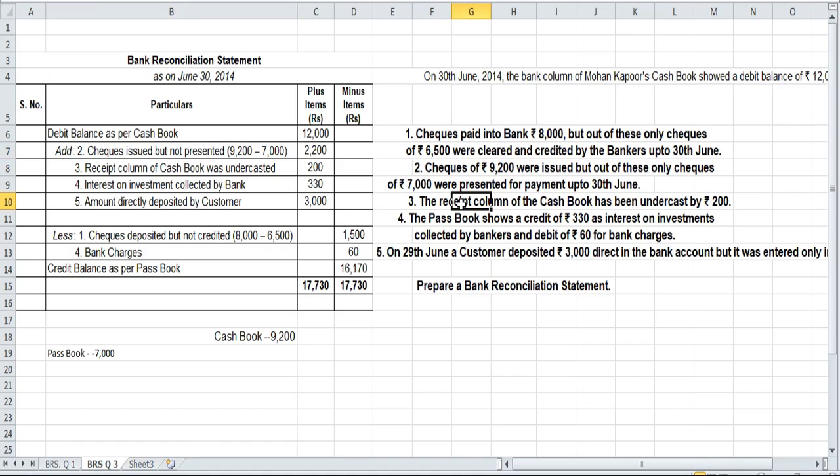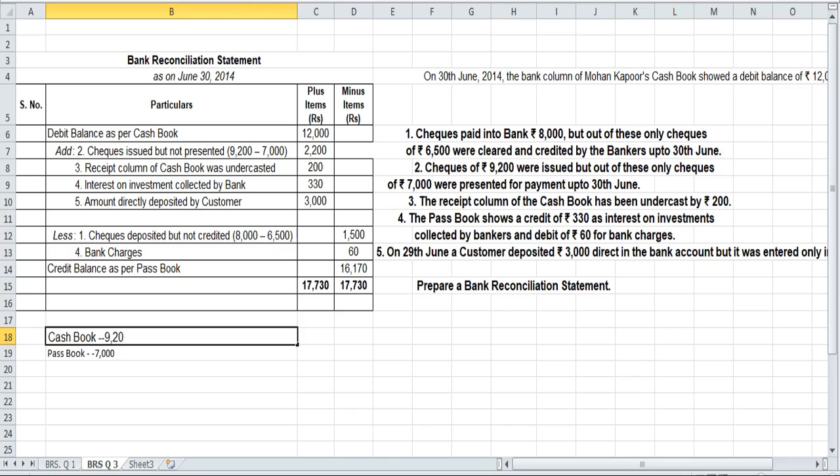Then we have receipt column of cash book is undercast by 200. Okay, so in the cash book, on the debit side we have the receipt and on the credit side we have the payment. So here it says that on the debit side it is undercast, the cash book bank column, which means the bank is less.